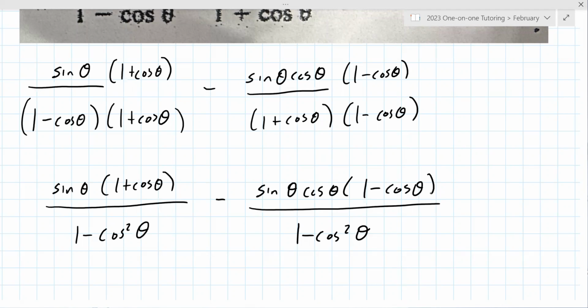So you can't distribute the parentheses, right? Not yet. Because your bottoms are the same, but there's one thing to do before you combine the fractions. Remember, we were trying to make a common denominator so we get rid of the fractions to match the other ones.